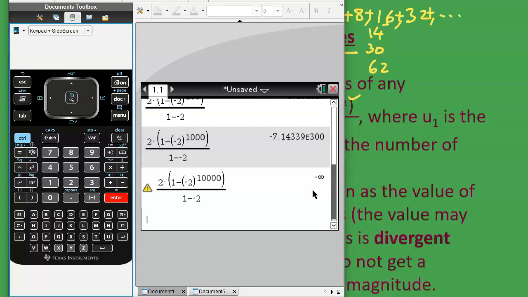When r is less than negative 1, negative 2 is less than negative 1, as we are trying to include more and more terms, the sum total is becoming more and more negative. Now when we have tried to include the first 10,000 terms, 10,000 terms is not infinity. An infinite geometric sequence will not contain only 10,000 terms.